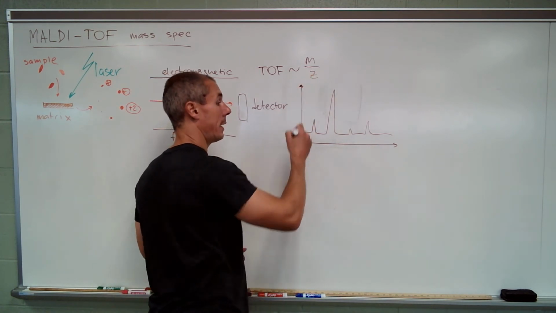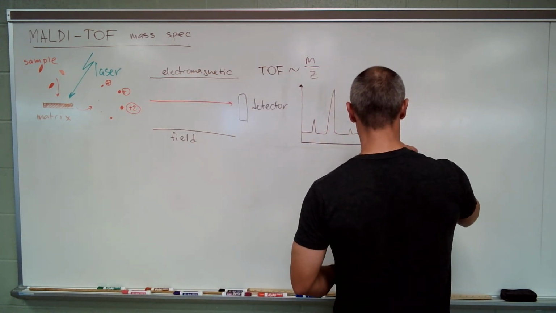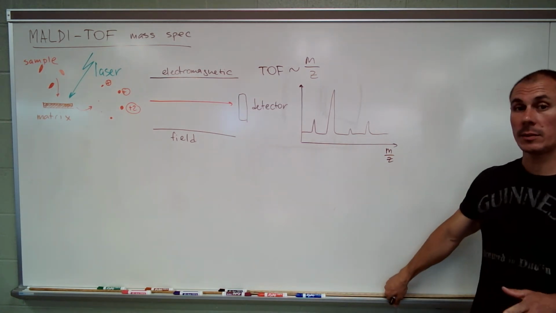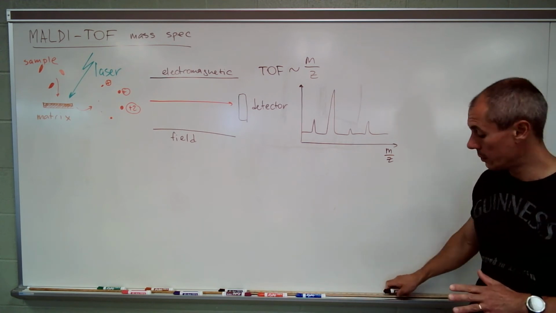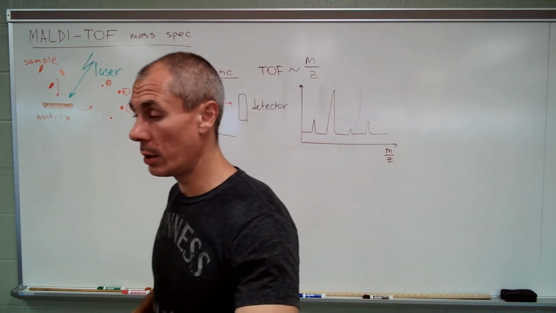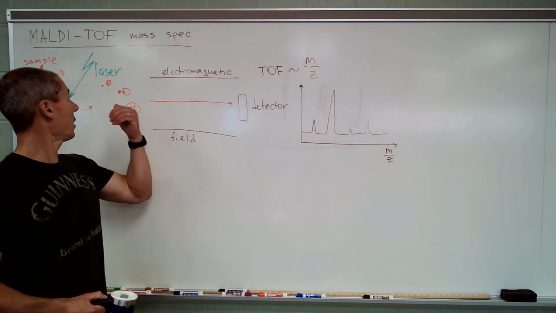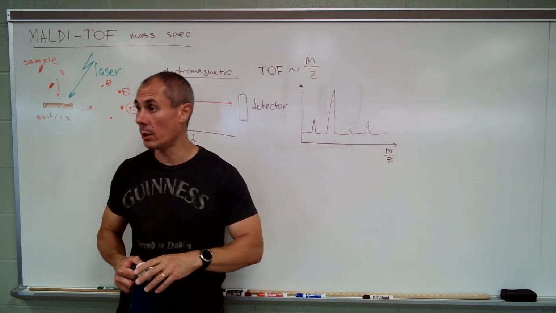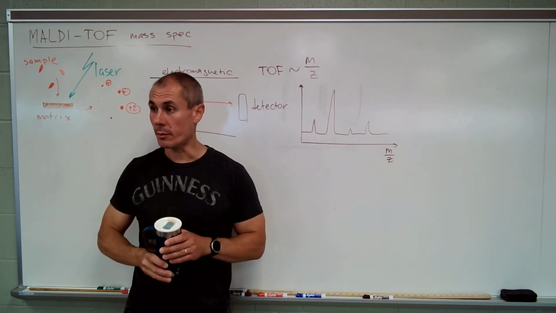So on the y-axis it's intensity, and on the x-axis it's mass to charge ratio. Does that make sense so far? I'm going to wrap up the whole method. I'm going to go over it one more time. So now look, basically at the end of that tube you manage to separate the particles that have been produced here based on the mass to charge ratio. Are you with me? We good?